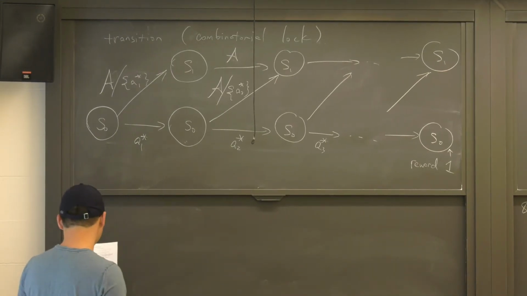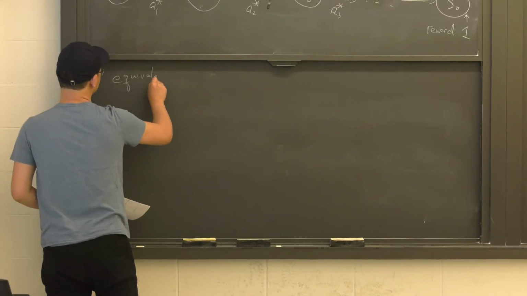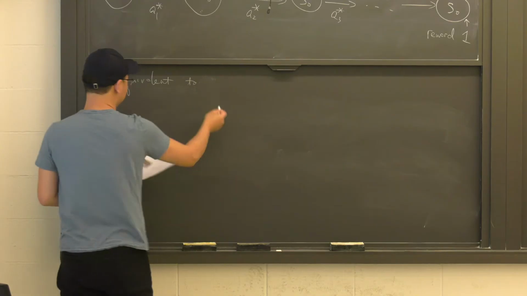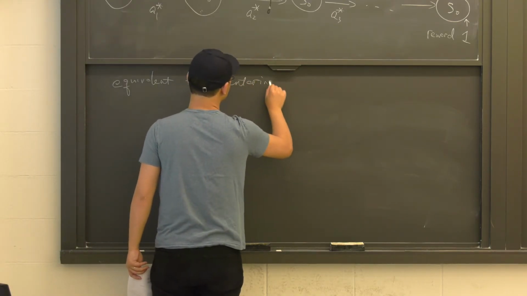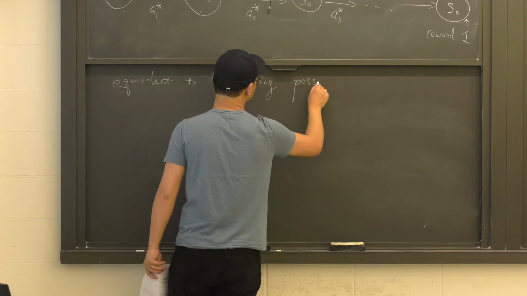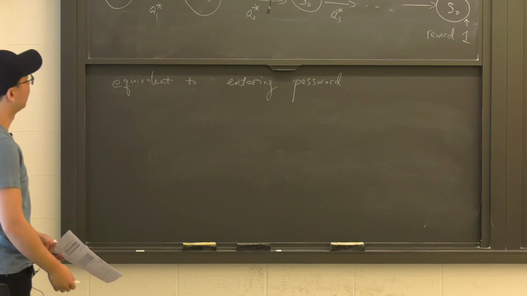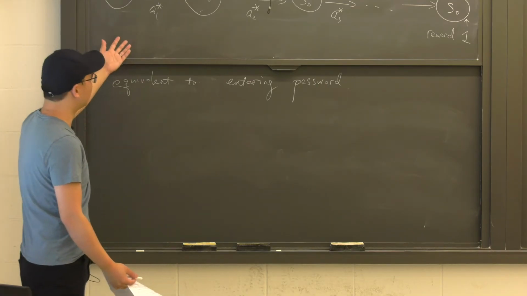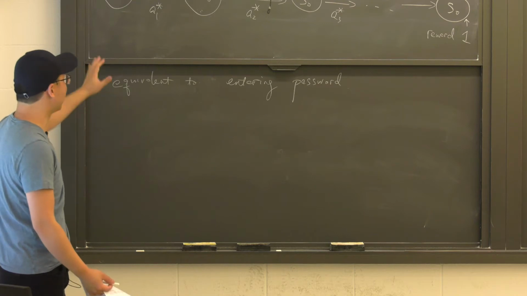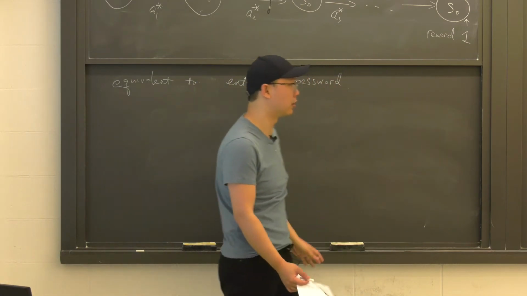So essentially, you can think this is equivalent to entering a password or something. Like you have a digital pad, for example with 9 actions. And no matter what you press, you don't have any observation until the very end, when you know whether your password is correct or wrong.